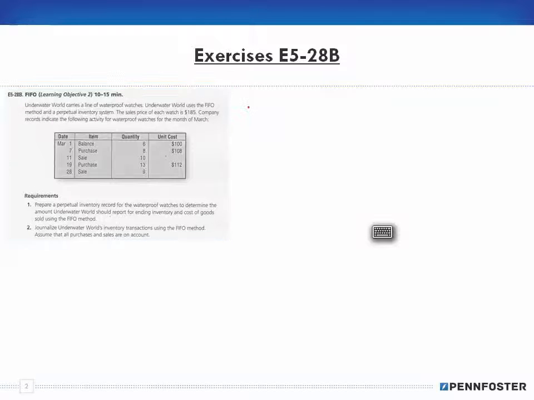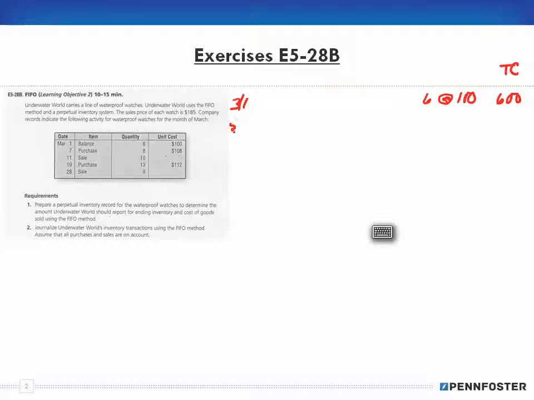On March 1st, we have a beginning balance of 6 units at $100 each. So that's $600 is my total inventory on hand, my total cost.